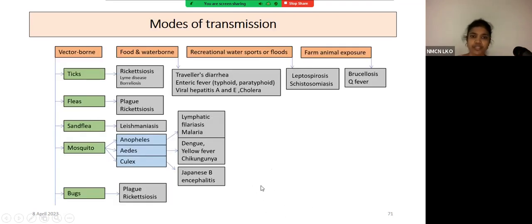These are the list of tropical diseases with modes of transmission. There are 4 modes of transmission. Out of these, vector-borne and food and waterborne are the most common. Among the vector-borne, mosquitoes, ticks, fleas, and sand flies are the most common factors responsible for causing tropical diseases.